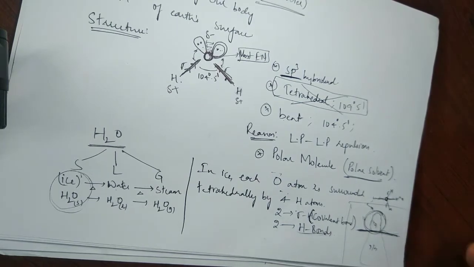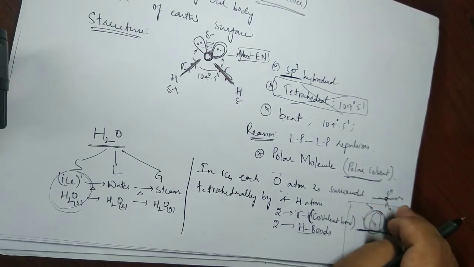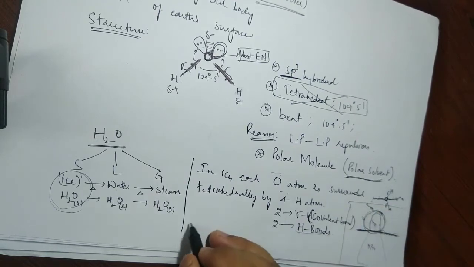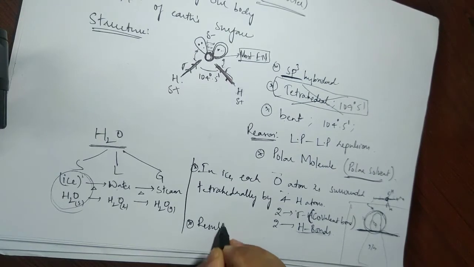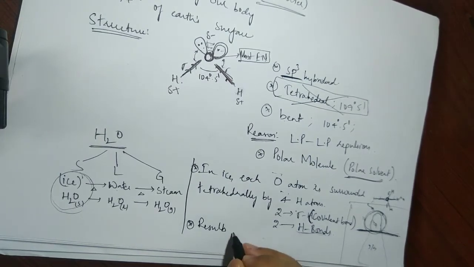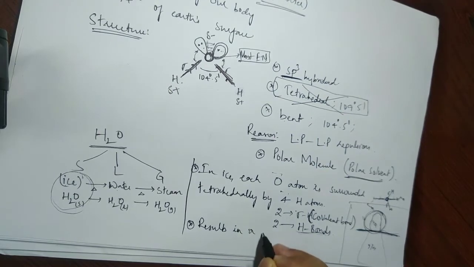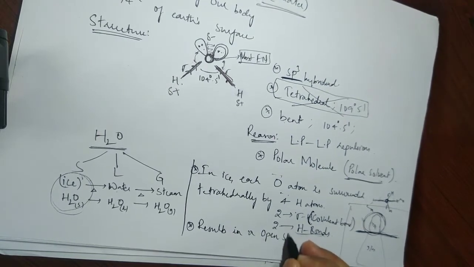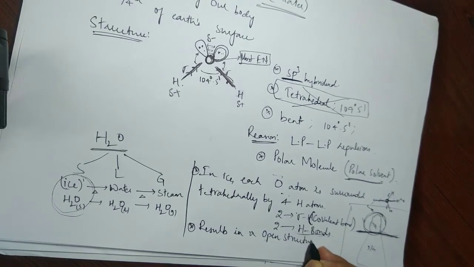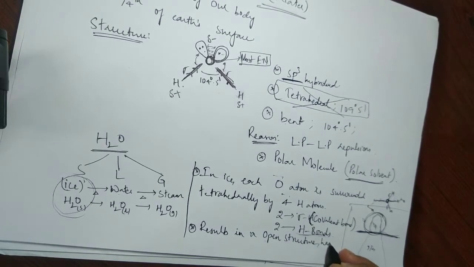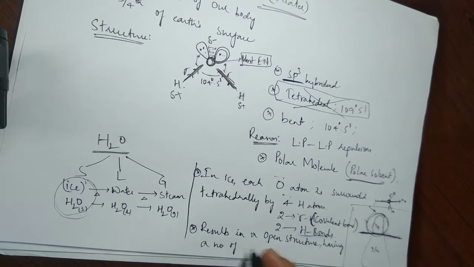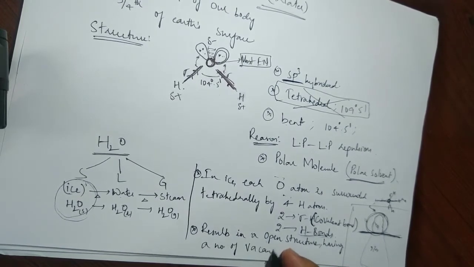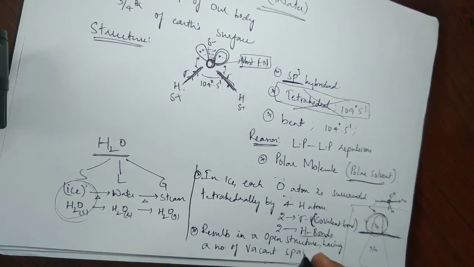On the whole, when this kind of structure is formed, the resulting structure is an open structure having a number of vacant or empty spaces.